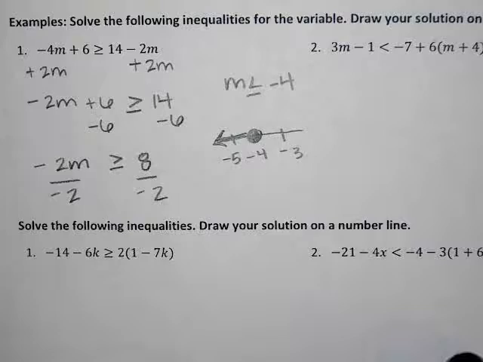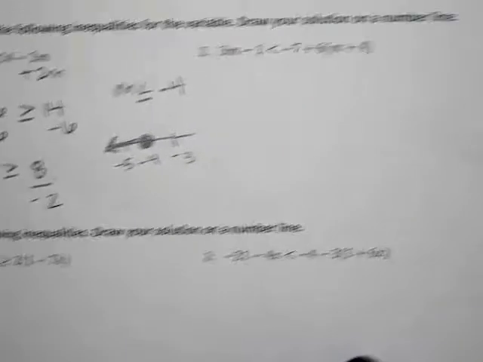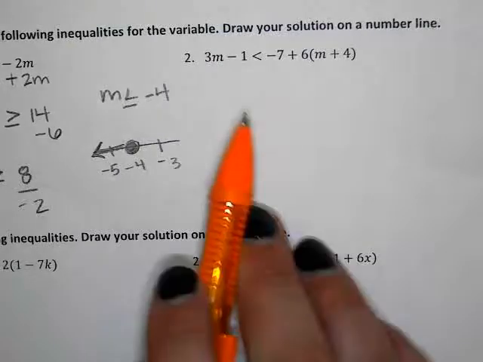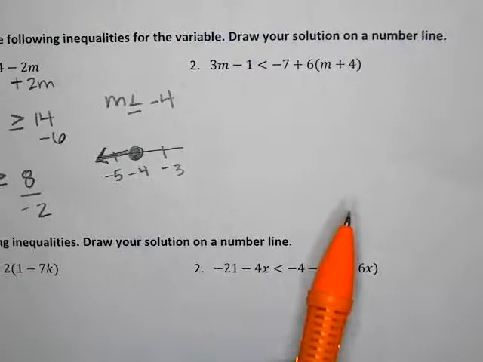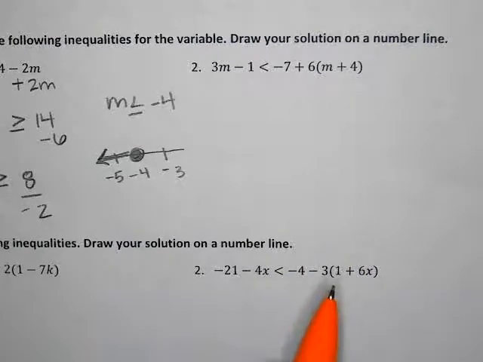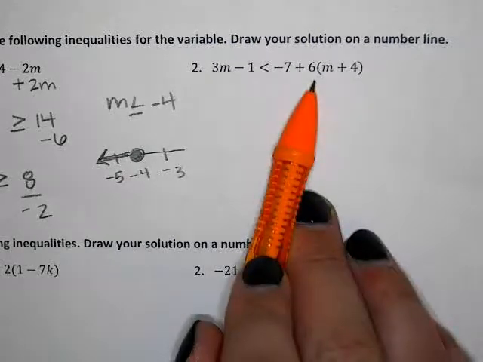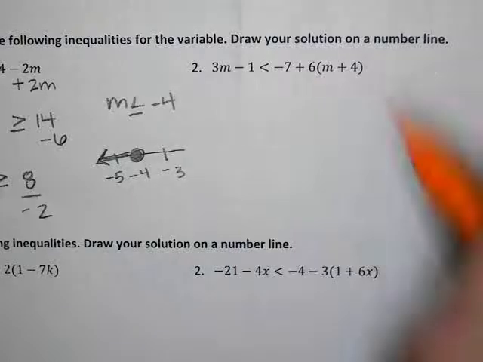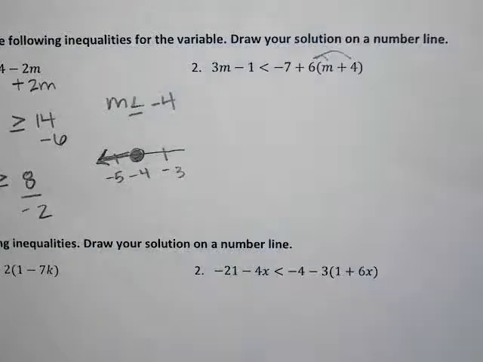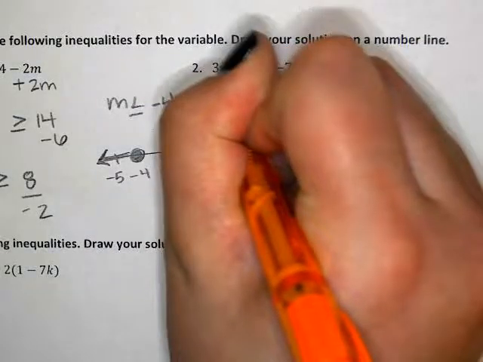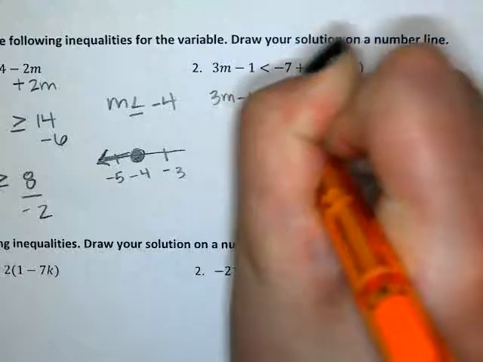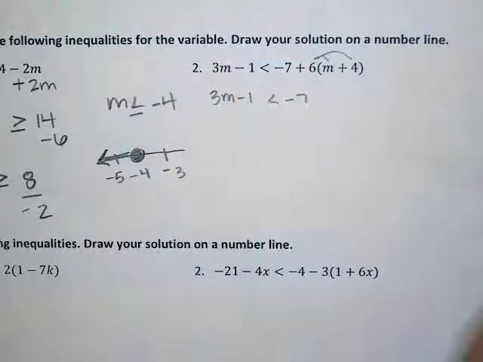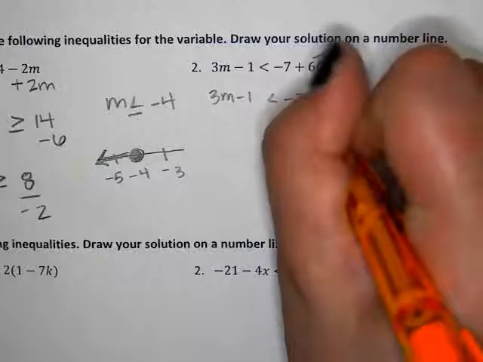Okay. All right, for the next one, what's your first step when you have parentheses in a problem? Distribute. Yeah, we have to distribute. So we're going to take the 6, we're going to distribute. So the rest of the problem I can just copy. So when I distribute the 6, what do I get? 6 and 17. Okay.